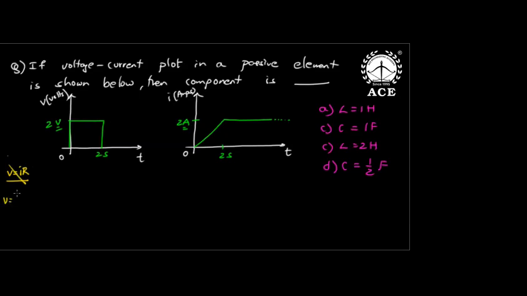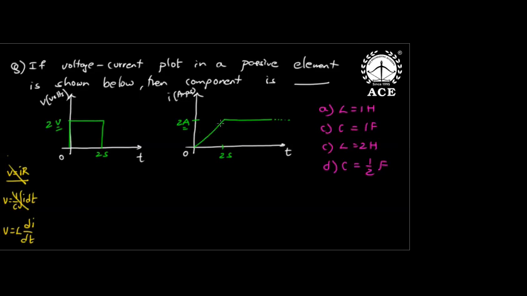If it is a capacitor, V is 1 by C integral I dt. So for ramp current, integral of ramp gives parabolic voltage. That is also not correct. But in an inductor, V is L dI by dt. That means here ramp current will give constant voltage because differentiation of a ramp is a step.